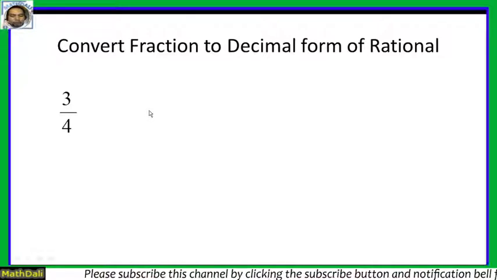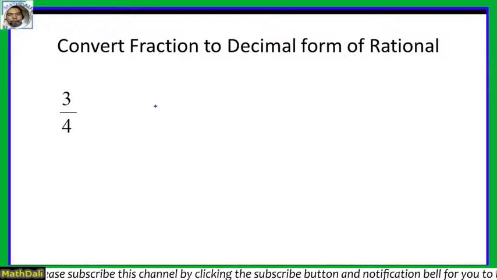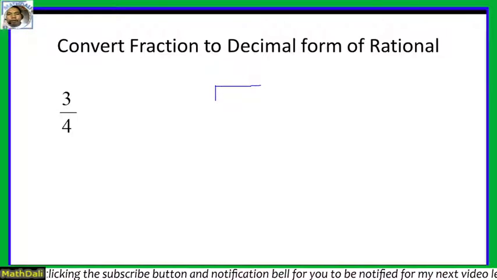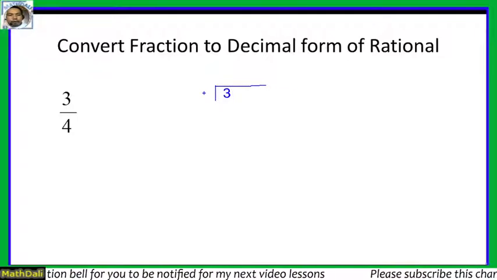So, we're going to use the dividend and divisor notation. Ito, ginagamit ninyo nung elementary kayo. So, dito natin ilalagay yung ating numerator, that is 3. Then, sa labas naman yung ating denominator. Ito yung magsisilbing divisor natin, which is 4.